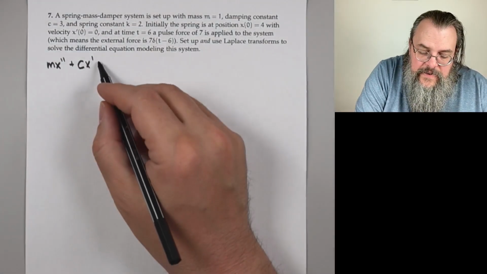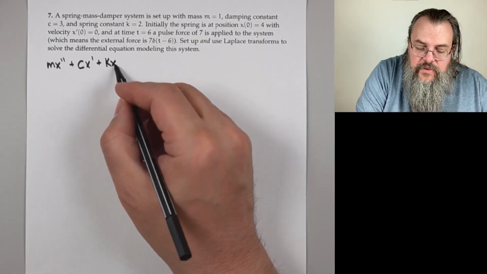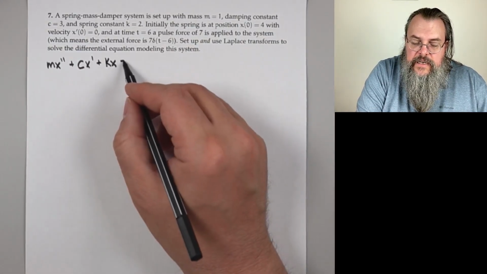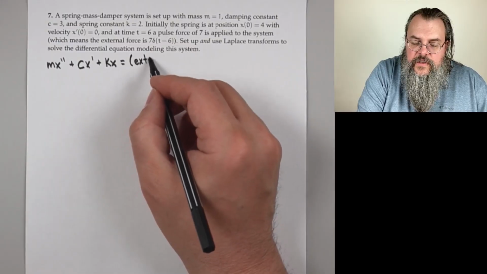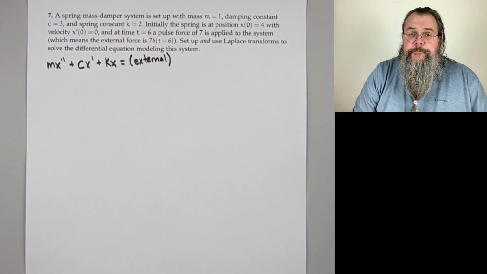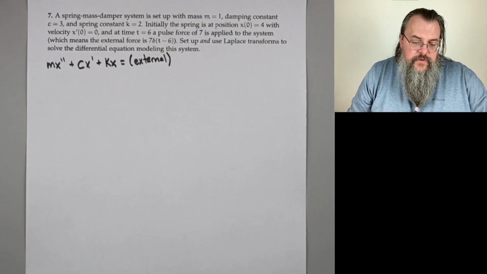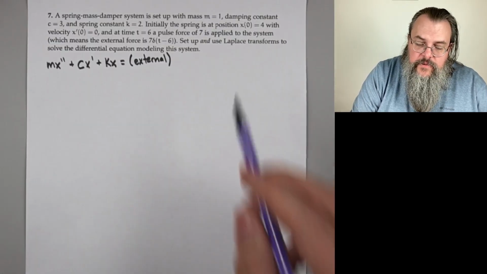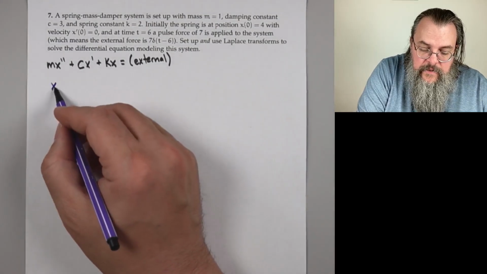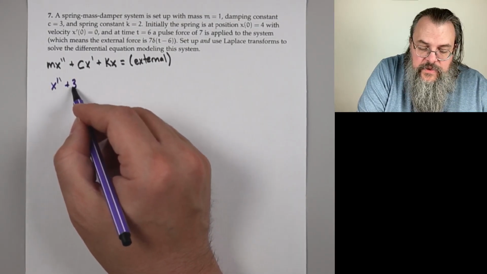And then we have the k x, and that's Hooke's law coming into play, and that's your external force. All that together. Okay, so we just fill in our pieces. So we have our mass is 1, which is convenient. C is 3, so 3x prime.